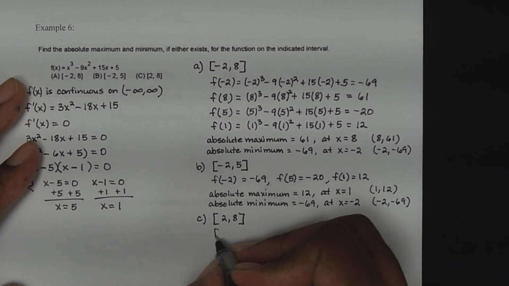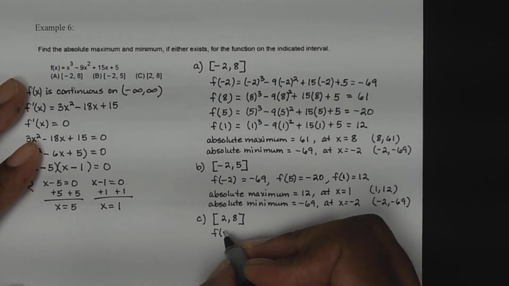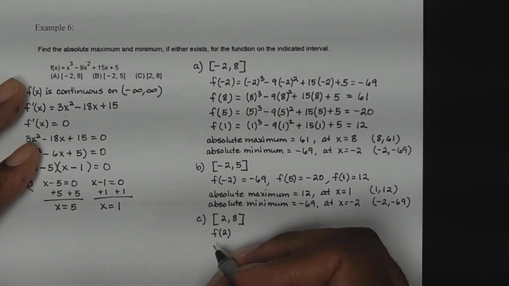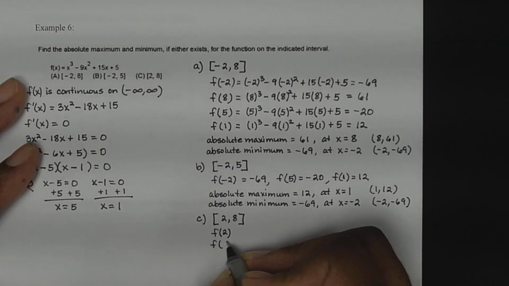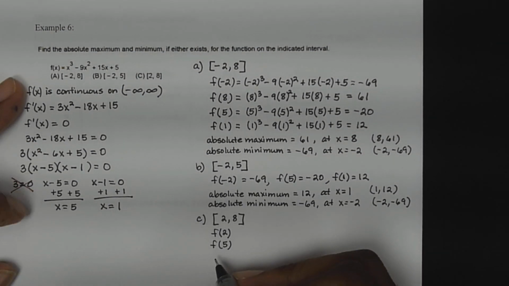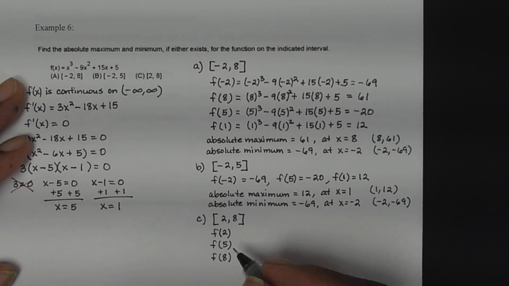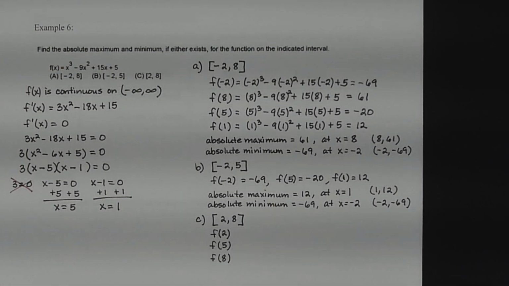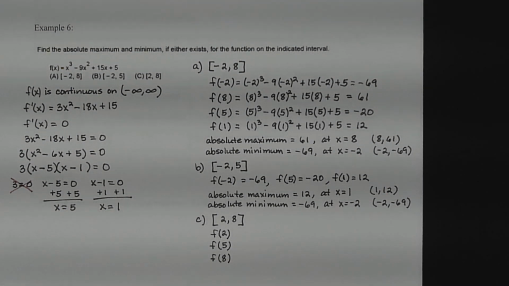So all we need to do there is just evaluate f of 2 and f of 5 and also f of 8. Because we have our endpoints 2 and 8 and then 5 is within the interval 2, 8. We're not using x equals 1 because that's outside the interval.